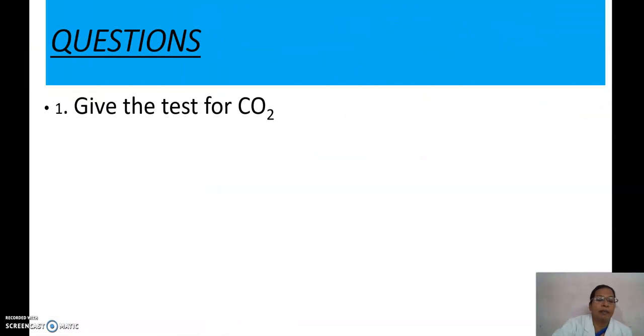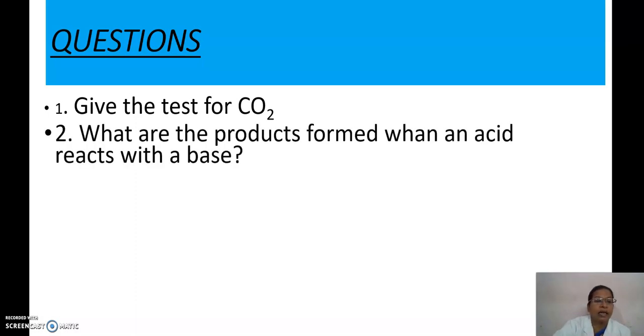Then see, based on this topic I am asking some questions to you. Give the test for carbon dioxide. How can you identify it? The gas evolved is carbon dioxide itself. Yes, we can test it with calcium hydroxide.